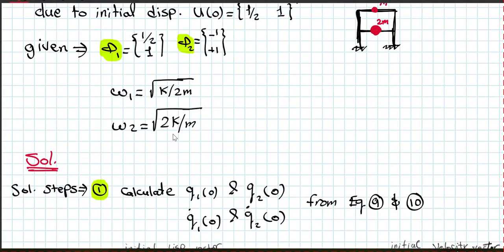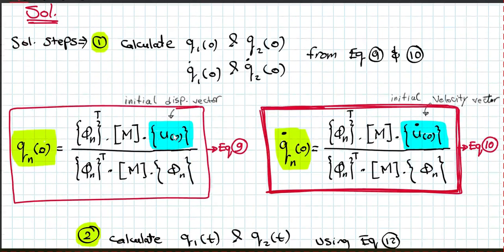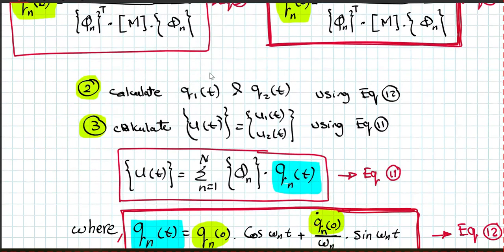So as I said, our steps for the solution. First, we are going to calculate the modal coordinates related to the initial displacement vector and initial velocity vector. After that, we are going to calculate q1 of t, which is the modal coordinate at any time related to mode shape 1, and the modal coordinate at any time related to mode shape 2. And the last thing is to obtain the total response, which is going to be u1 of t and u2 of t.